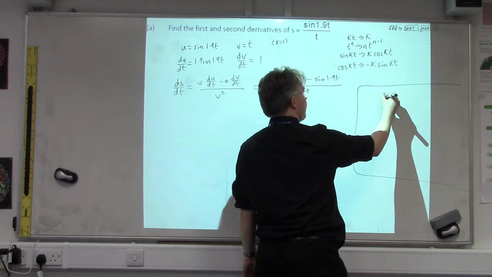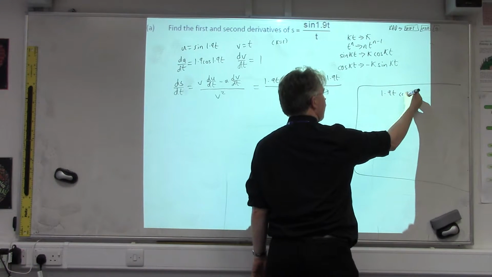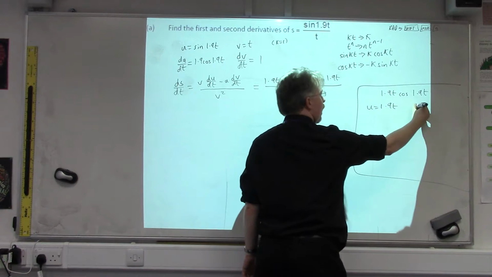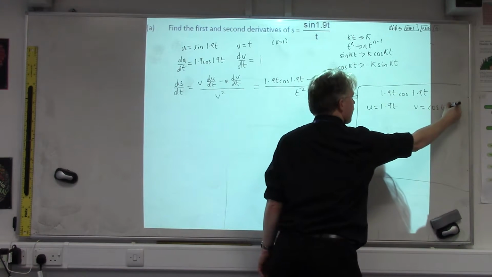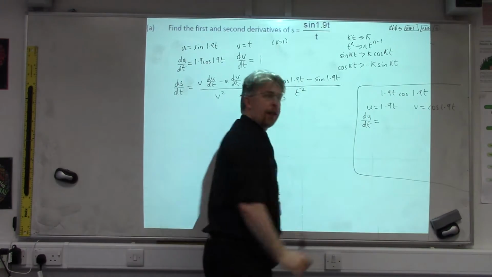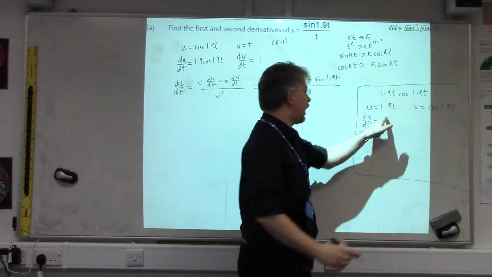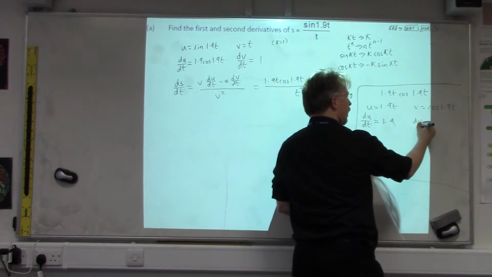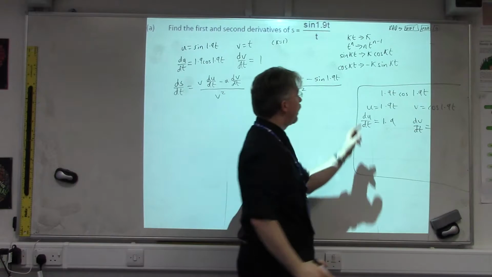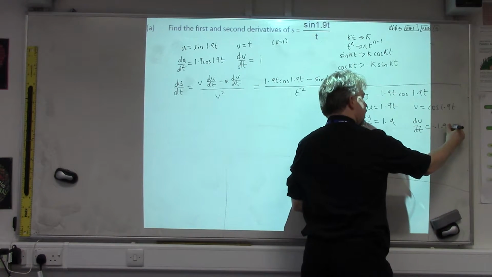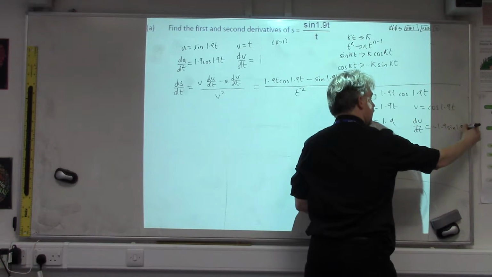We've got 1.9t cos 1.9t, so our u is 1.9t, our v is cos 1.9t. du by dt, kt goes to k, so that becomes 1.9. dv by dt is cos 1.9t, so that rule, minus 1.9 sine 1.9t.